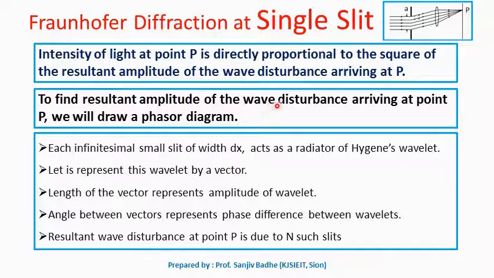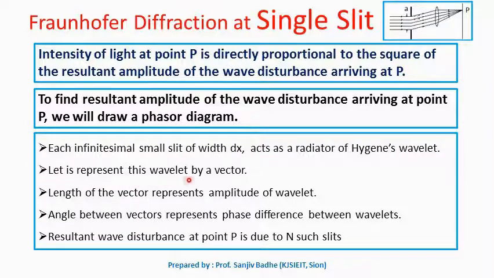To find the amplitude of the wave disturbance arriving at point P, we will draw the phasor diagram or a vector diagram. And to draw the phasor diagram, we will follow these steps. We have already assumed that a slit of width A is divided into n number of small slits, each of width dx. dx is infinitesimally small, and only one wavelet can be emitted from each slit of width dx at an angle theta.